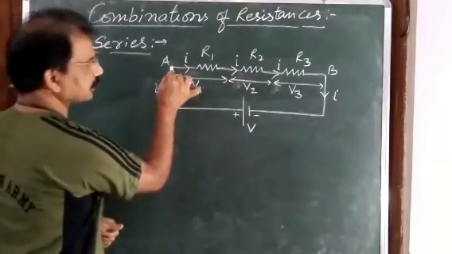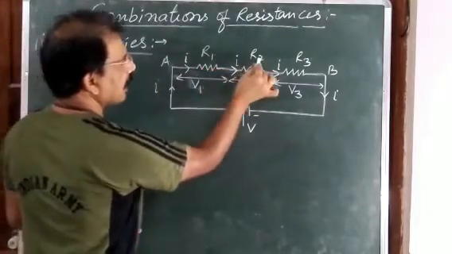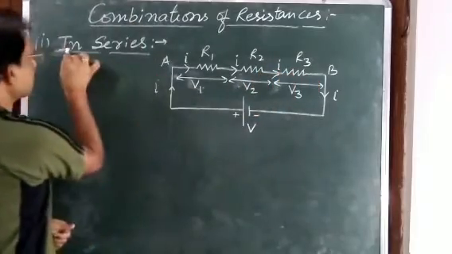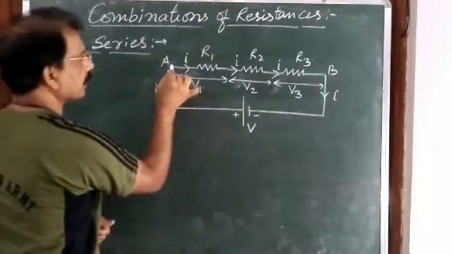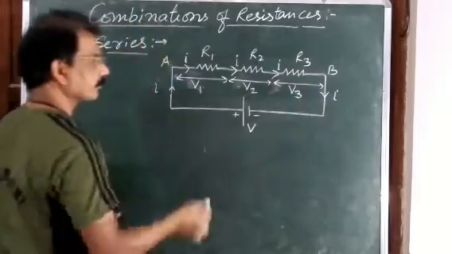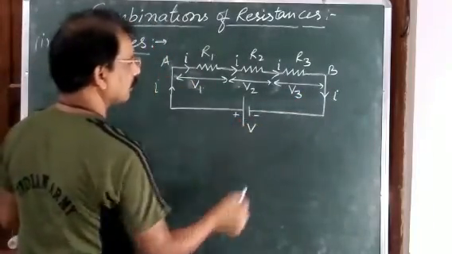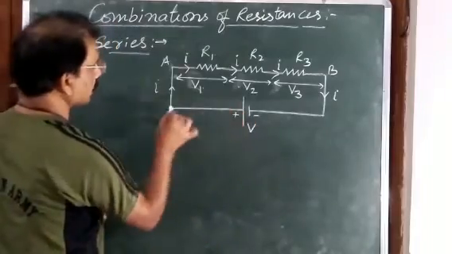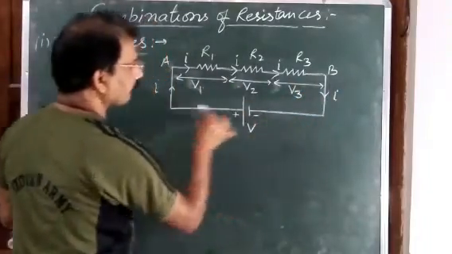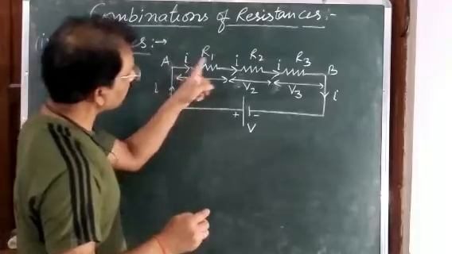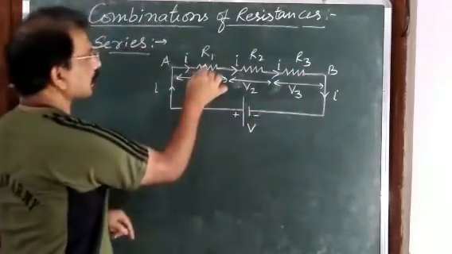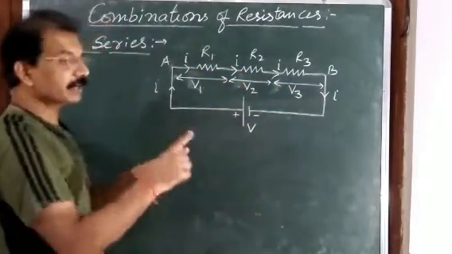Suppose three resistors R1, R2, R3 are joined in series between A and B. And suppose the ends A and B are connected to a cell, and the cell is sending the current I. Always remember this: in series combination, the resistances are joined end to end.